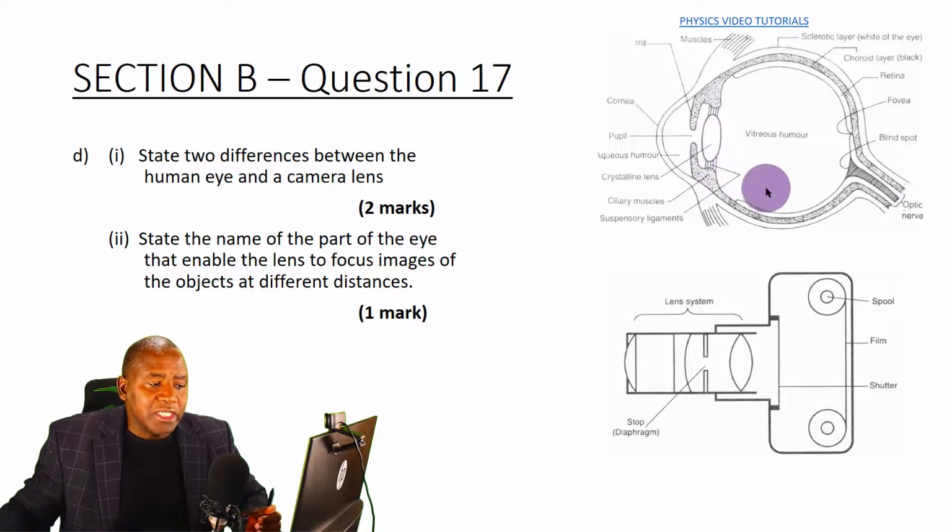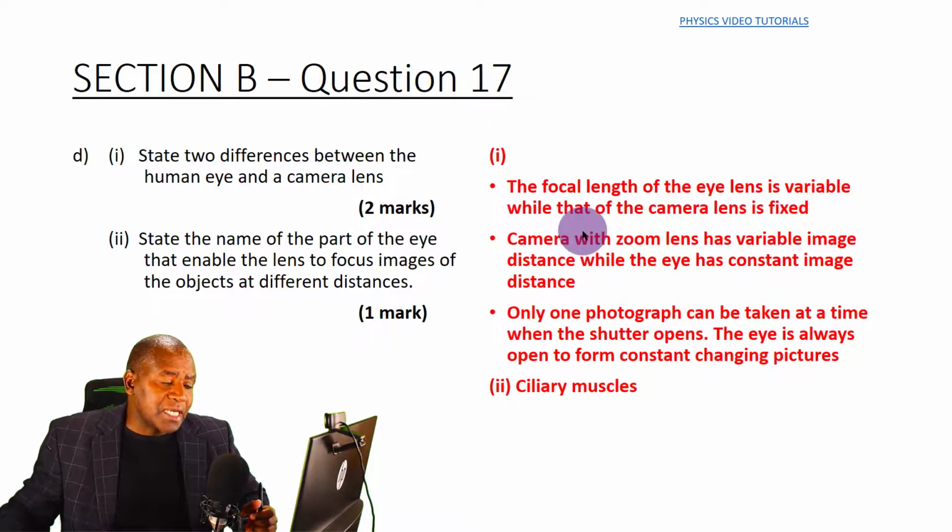They are quite comparable. So we are asked to compare the differences between the human eye and the camera lens, this lens and this lens. Of course, both of them are convex. All those are similarities. Let's look at the differences. What would be the differences between them? The differences are as follows.